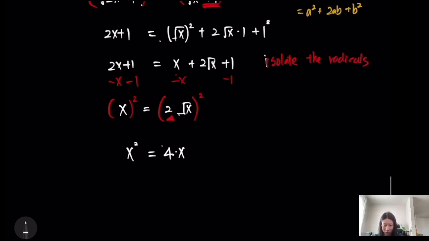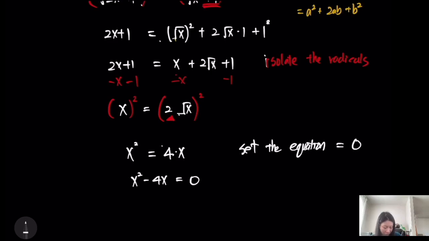So now we can solve it by subtracting 4x on both sides, setting the equation equal to 0. To do that, you can use factoring, the AC method, or the quadratic formula, either way. In this one, it's easier to use factoring. So I'll just leave it here. You can continue to solve for the value of x.